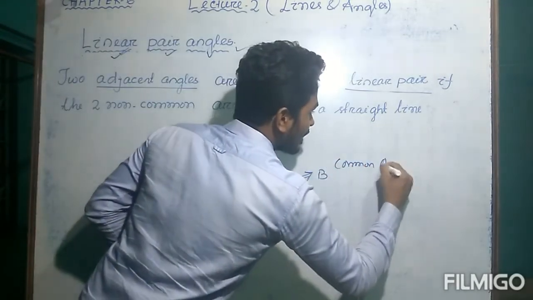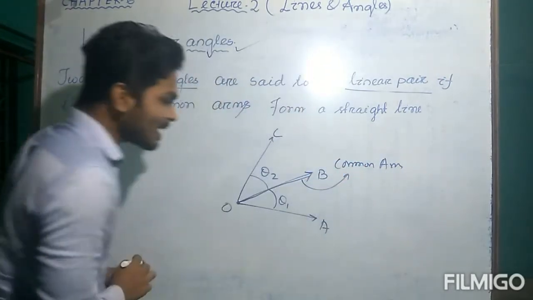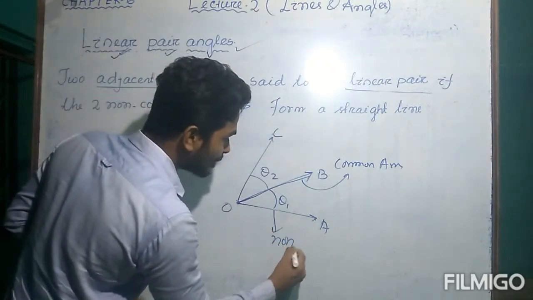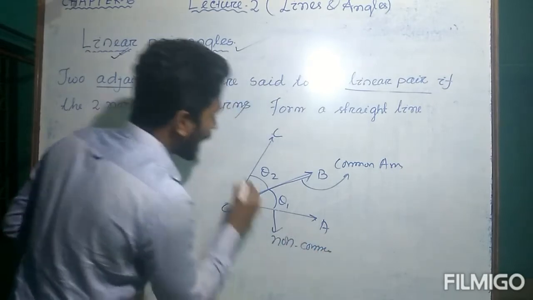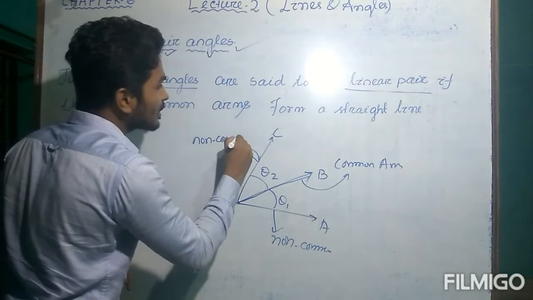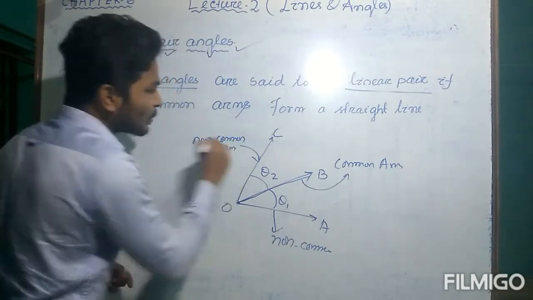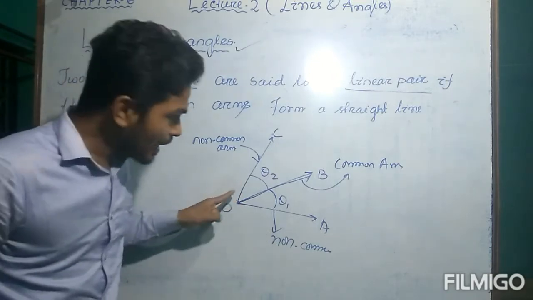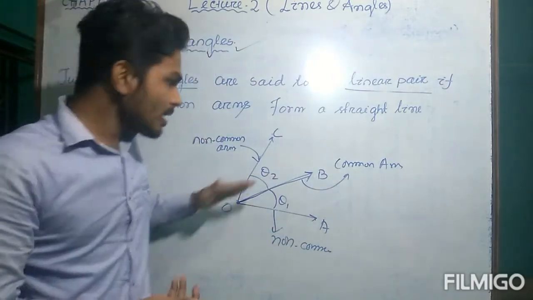And the two non-common arms are OA and OC. So OA is a non-common arm and OC is also a non-common arm. So in this diagram, you can see the two non-common arms lie on different sides of the common arm.